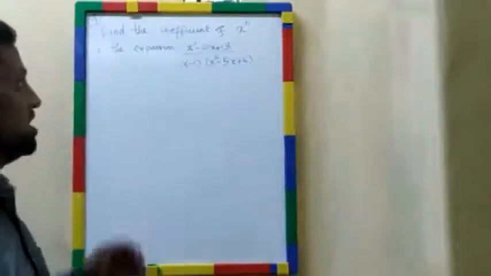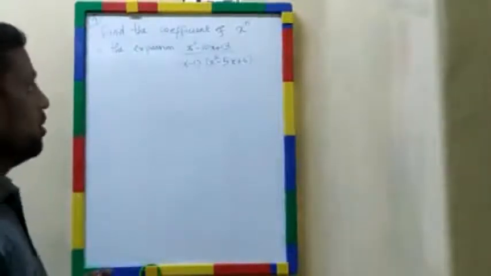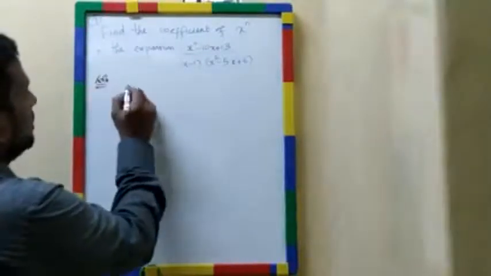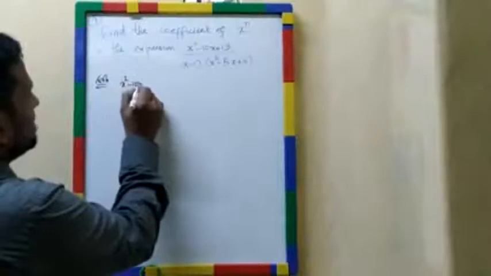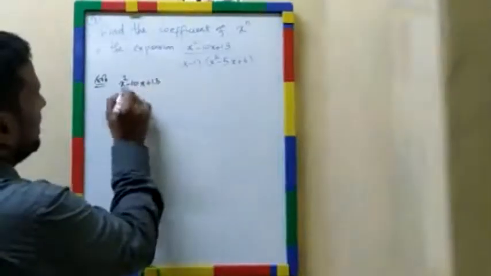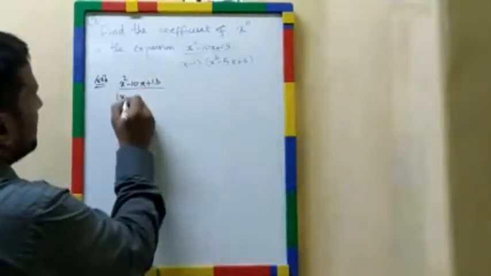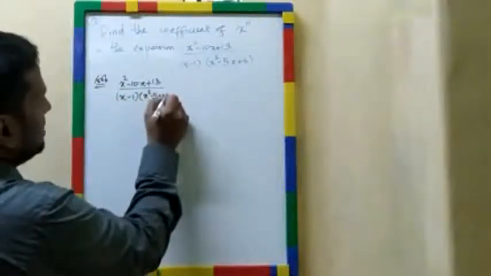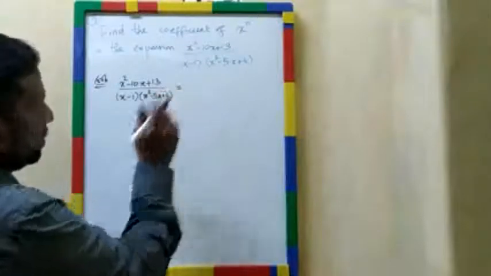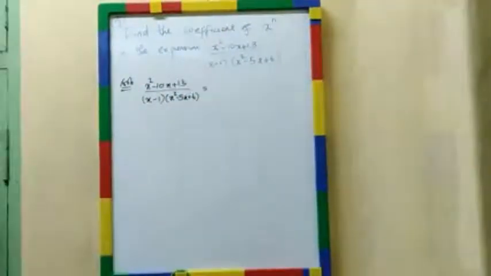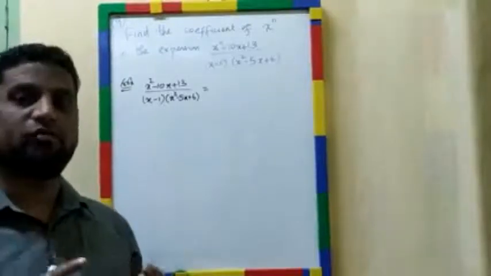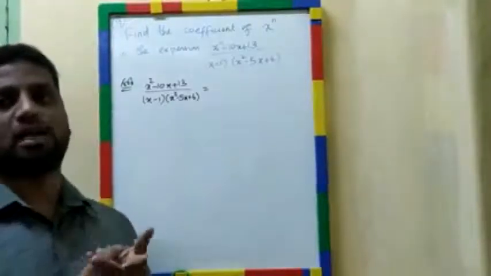So for this problem, first you have to use the partial fraction method: x square minus 10x plus 13 divided by x minus 1 into x square minus 5x plus 6, which is equal to... Now for this partial fraction method, first you have to identify whether it is a type 1, type 2 or type 3 problem.